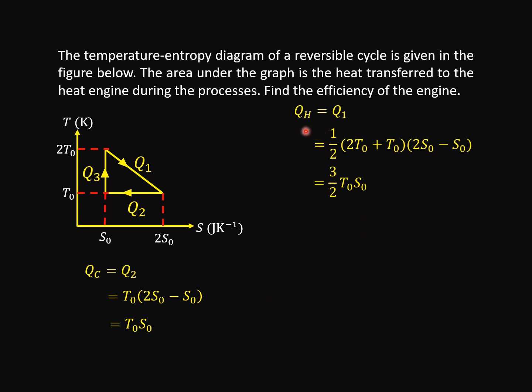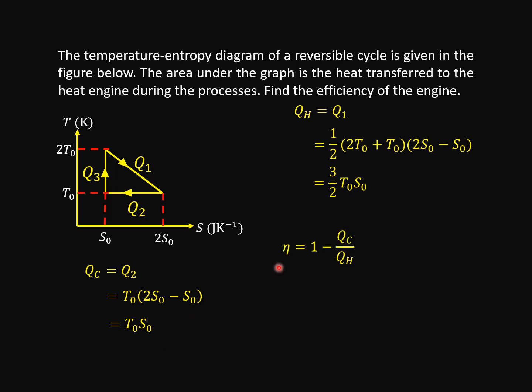So we obtain Qh equal to 3 over 2 T naught S naught. The S naught comes from this, and this is 3 T naught, so we have 3 over 2 here.